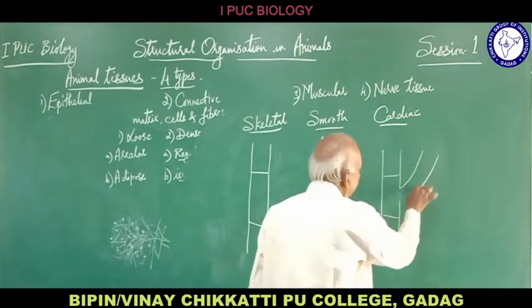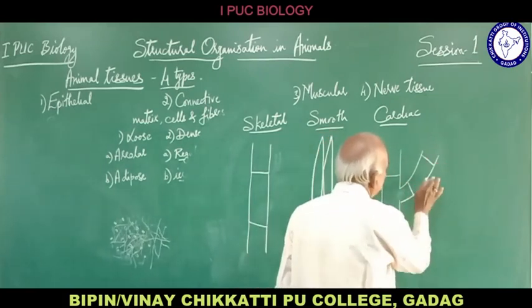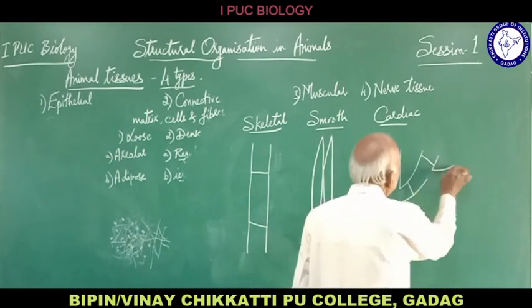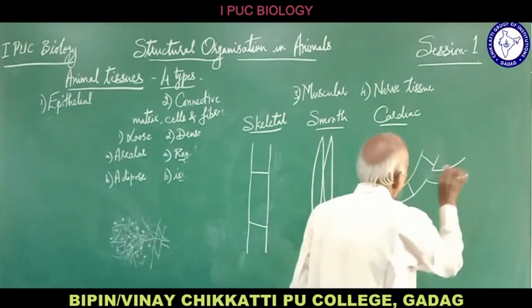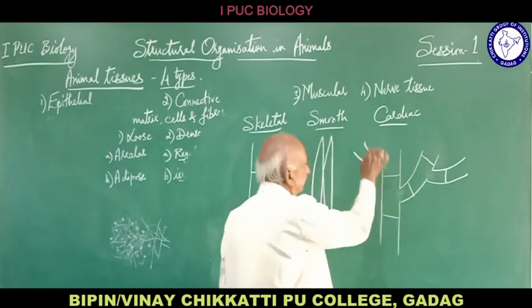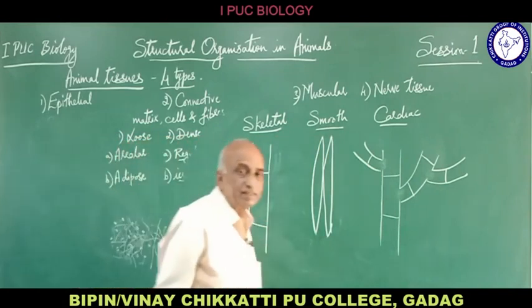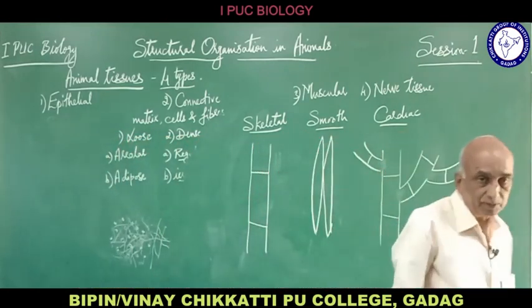So we can see the branches. These branched cells are observed. This is how the cells look. So we can find the differences here in the shape of muscular tissue.